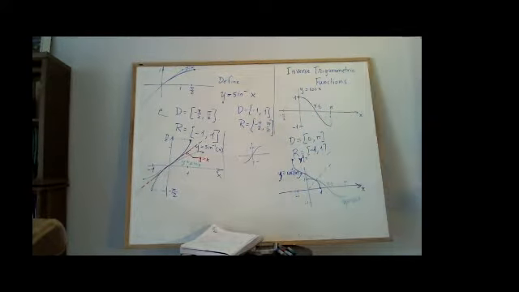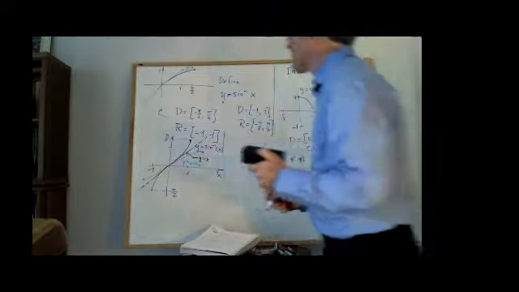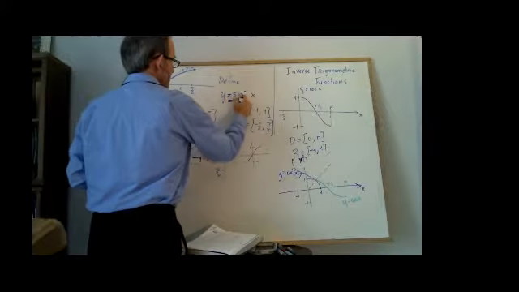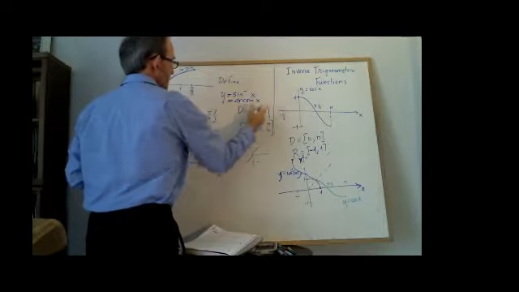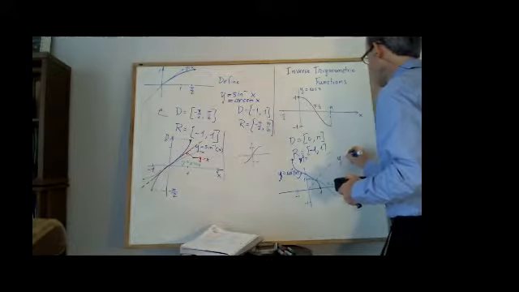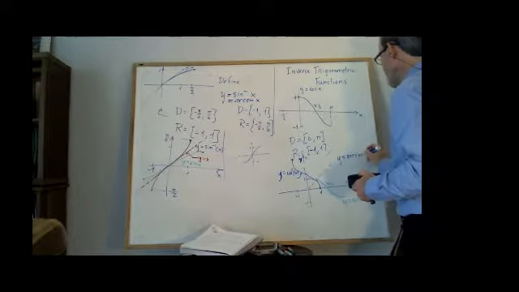All right, so now when we want to find the inverse sine, this, by the way, is also called the arc sine of x, and the inverse cosine is called the arc cosine of x.